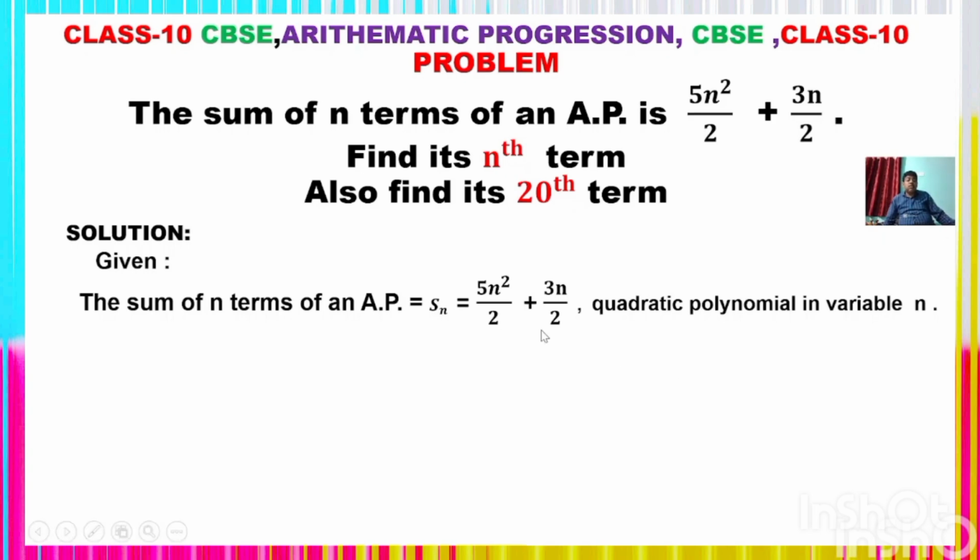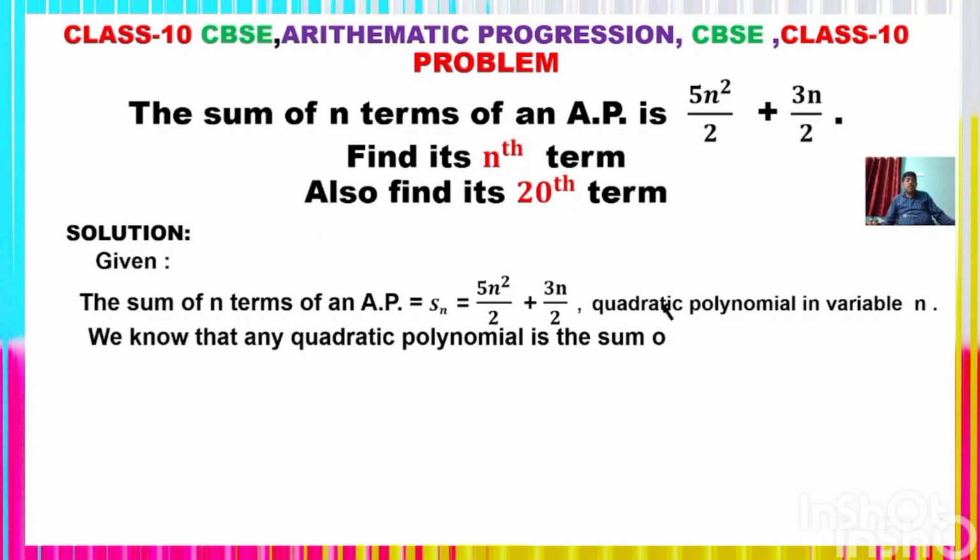So any quadratic polynomial always indicates what? The sum of n terms of an AP. This is one of the important properties of the arithmetic progression. All of you know, yes, any quadratic polynomial is the sum of n terms of the AP. Once again, note down this property.